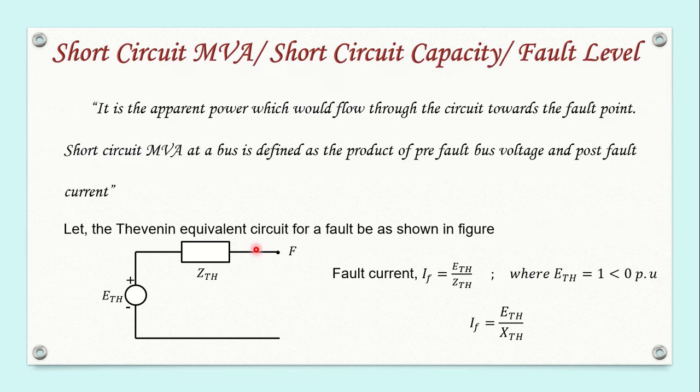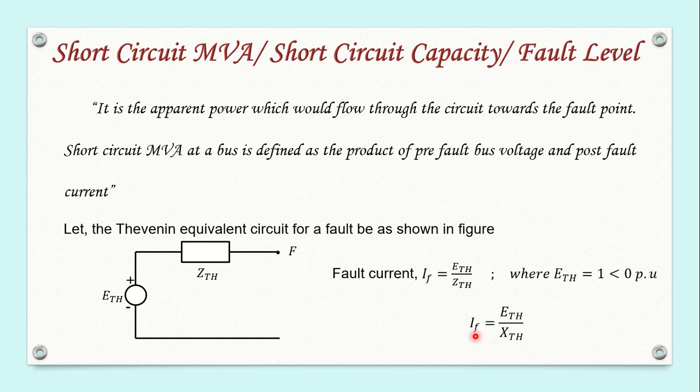Now fault current is the current flowing to this fault point, and it will be equal to voltage by impedance, that is, ETH by ZTH. This pre-fault voltage, the Thevenin equivalent voltage ETH, can be assumed as 1 angle 0 per unit. We usually do not consider the resistances of components, so impedance can be replaced by reactance only.